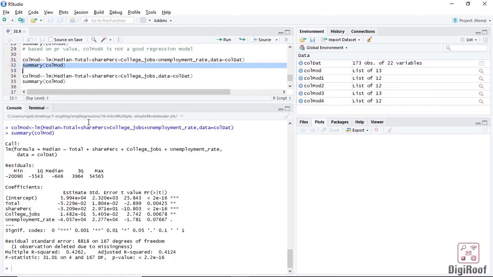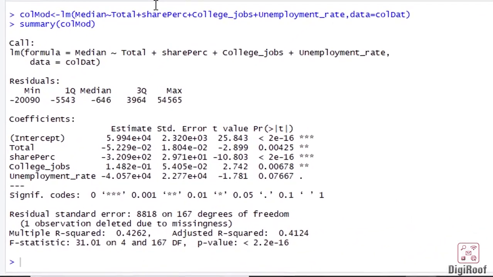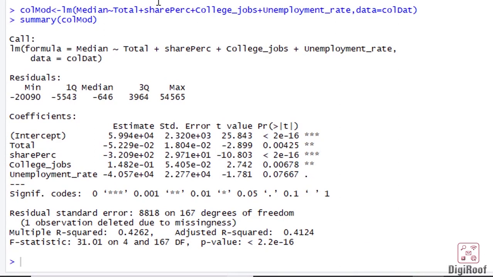As you can see, this time the results are a bit different, with 2 more variables, namely total and college jobs, becoming significant based on the probability value of slope. If you recall, in the last video, where we did simple linear regression using the same variables, only shear percent was significant. In the combined model, apart from the shear percent variable, 2 more variables, that is total and college jobs, have also become significant.